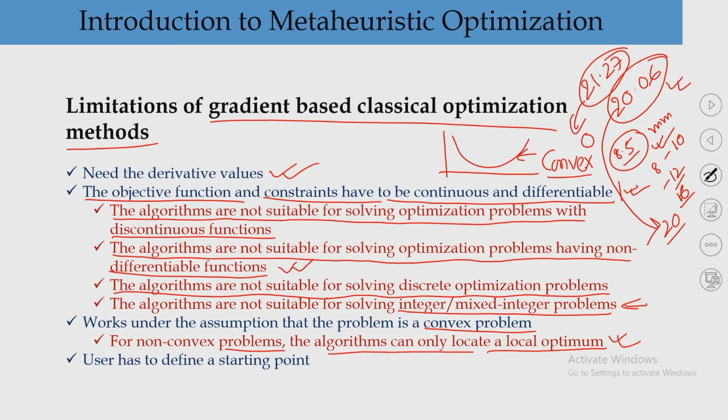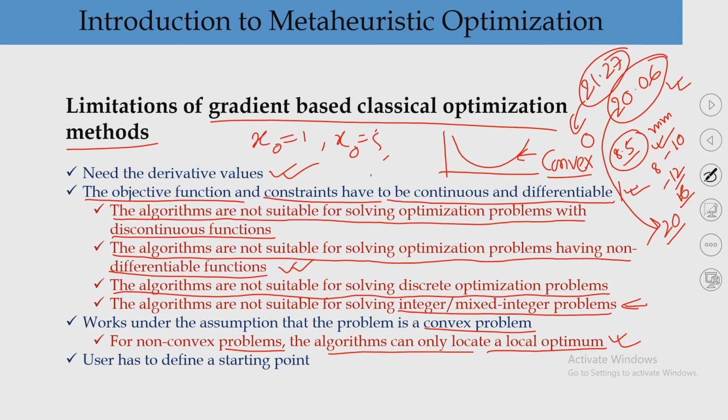Now, the question is how to get the global optimal solution. You can use these algorithms for that, but you have to change your initial point. Suppose you start with x naught equal to 1 initially, and after that x naught equal to 5.